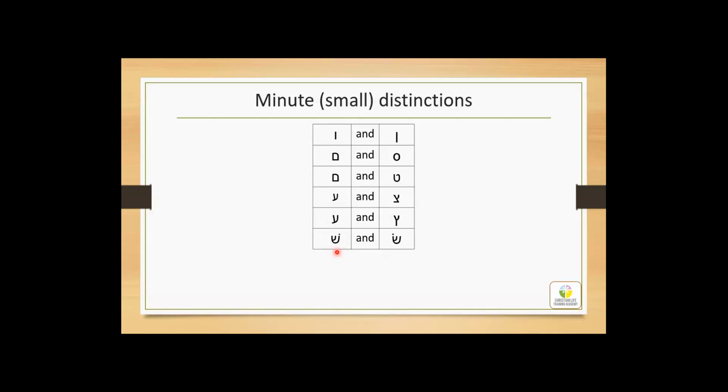Sin is never right. So if the dot is on the right, then it is shin. And the other one with the dot on the left is sin.